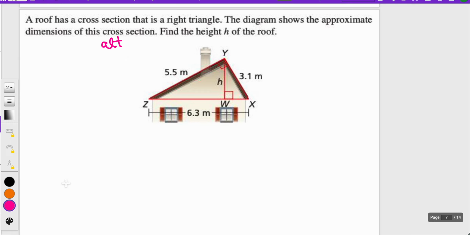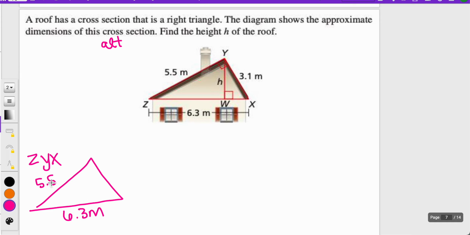So we know that this larger triangle, ZYX, I'm going to go ahead and draw it, has 6.3 meters, 5.5 meters, and 3.1 meters. Okay, and it is similar to ZWY.